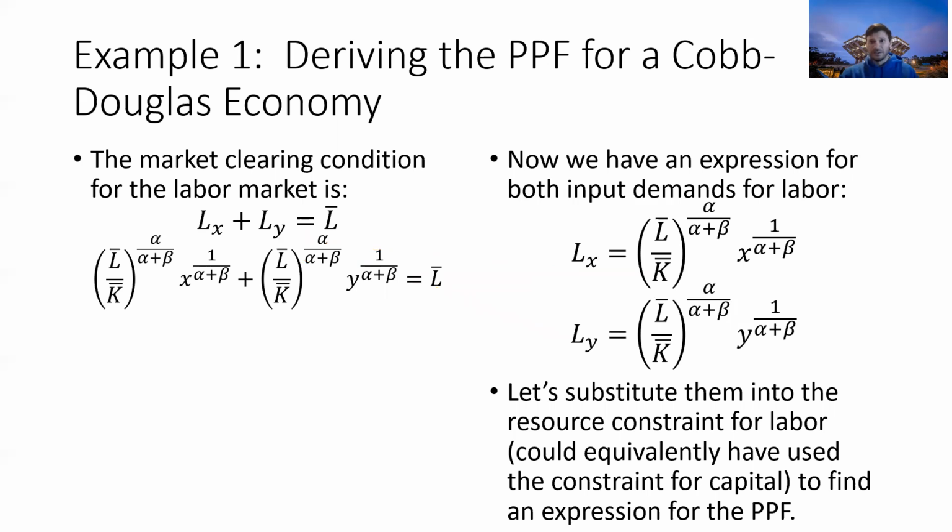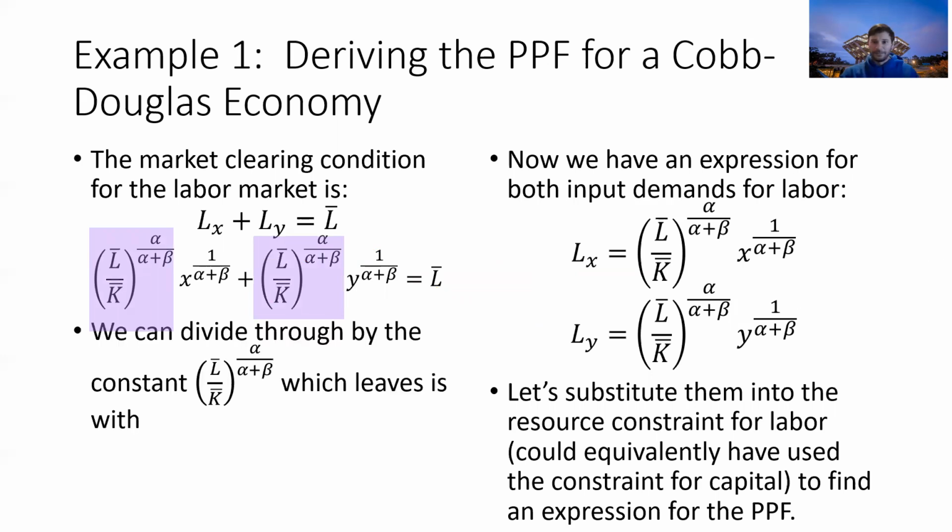It's a little ugly. In fact, what I'm going to recommend is that we divide through by this constant out front. It's the same in both, so we could factor that out and divide through by it.